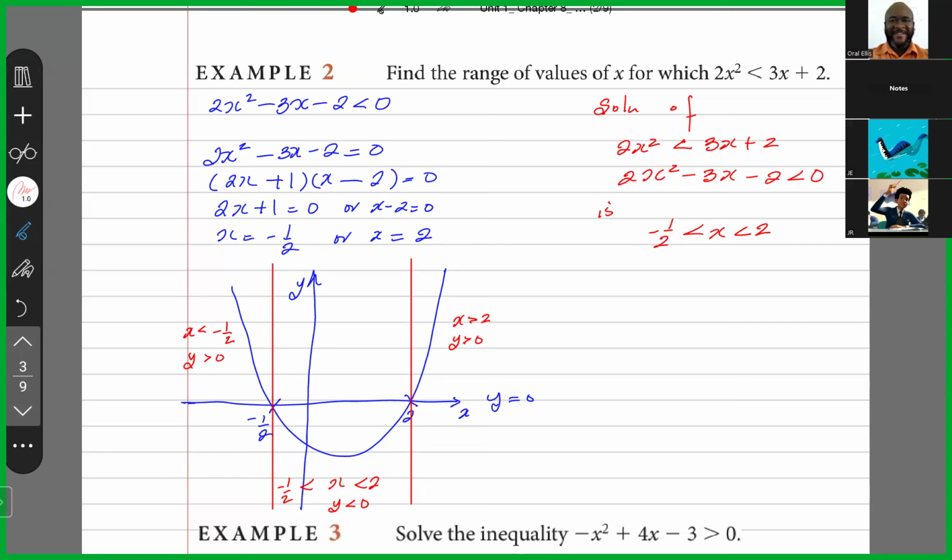Those are the values of x for which 2x squared minus 3x minus 2 is less than 0. All right, so this is the graph of y is equal to 2x squared minus 3x minus 2, and y is less than 0 in the region of the graph where x is less than 2 but greater than minus a half.